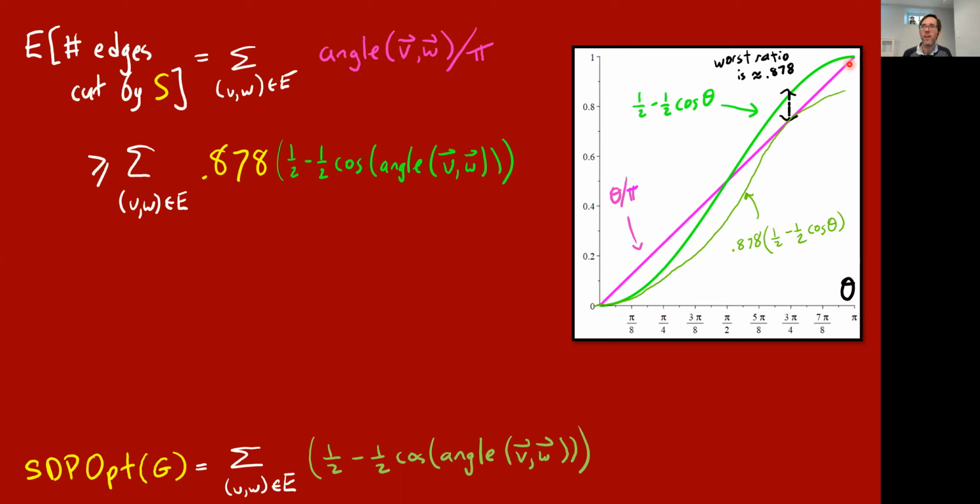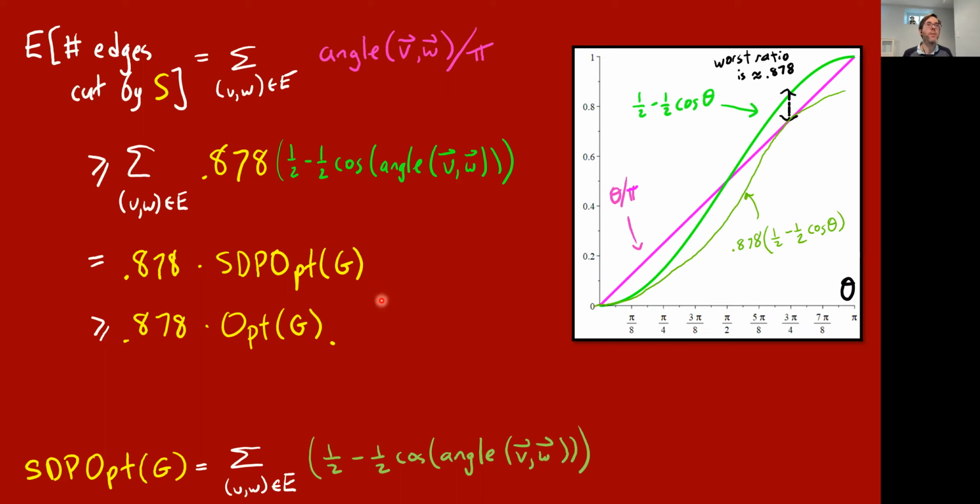Okay, what I'm using here is the fact that this magenta line is above this lower green thing, 0.878 times the green expression. And so now you can bring the 0.878 outside the sum, and you'll get exactly the SDP objective function. So you conclude that the expected number of edges cut by this algorithm is at least 87 or 88% of whatever the SDP optimum is.